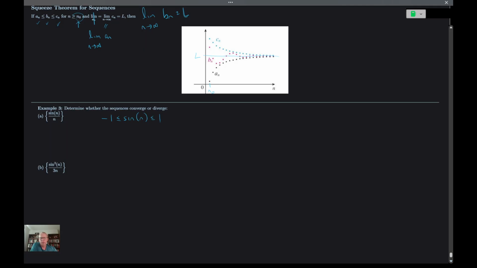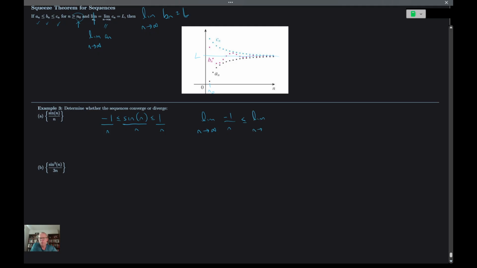So whatever n is, this sequence is always between these two. Now, what if we divide both sides by n? Why are we dividing by n? Because this is divided by n. So now here is our sequence. Now let's take the limit as n goes to infinity of all of these.